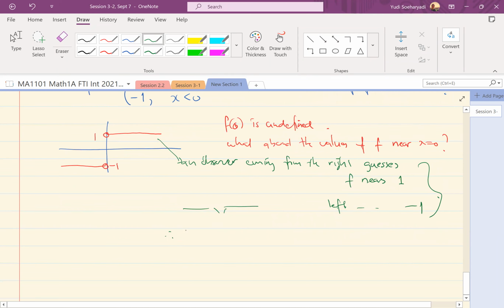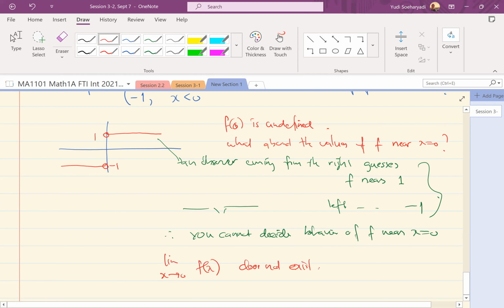Then you can say you just cannot decide. Behavior of f near 0. And we say that this limit does not exist. Okay. All right, so that's one case.